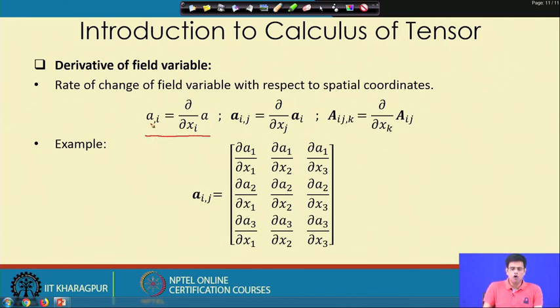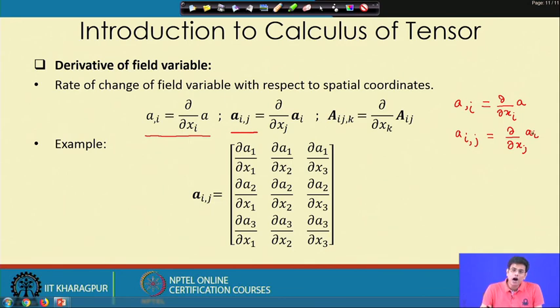So, when I write a,i, I am implying ∂/∂xi of a, right. Similarly, ai,j means I am implying ∂/∂xj of the ith component of a. Remember, in the previous slide we have seen that ai's are all functions of x1, x2, x3.